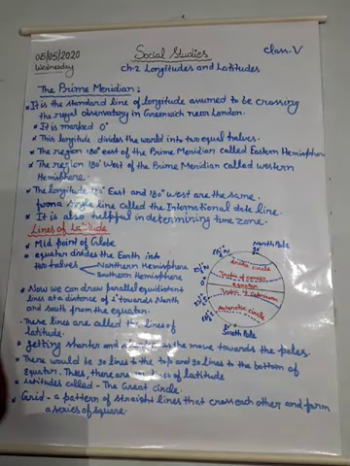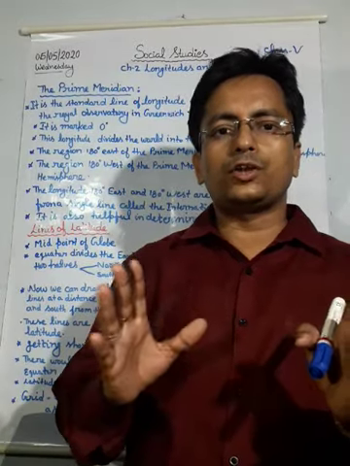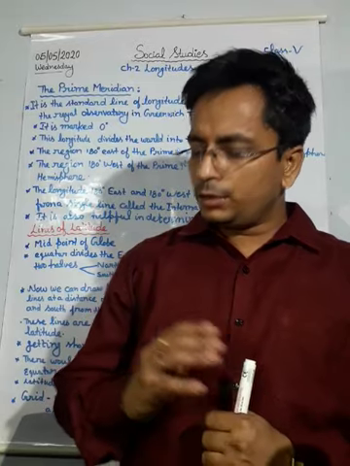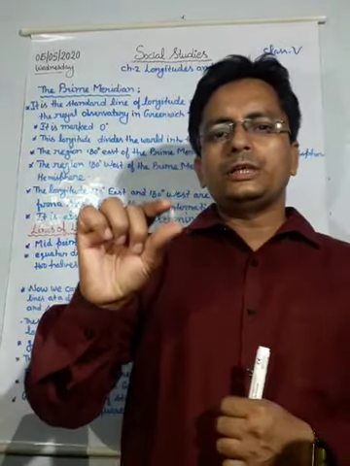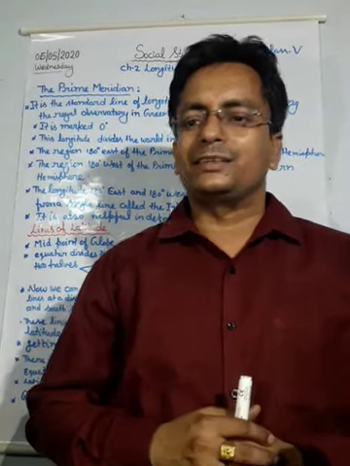And the next important thing is that this lesson is based on latitudes and longitudes. One problem is there. Earlier we have discussed how to locate a place on the globe, on the map exactly.